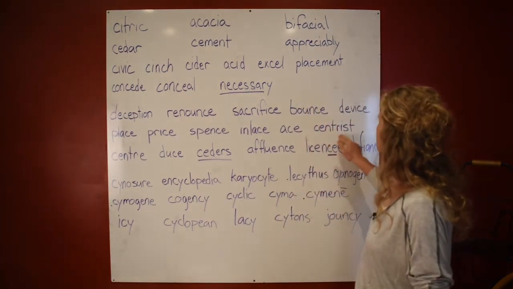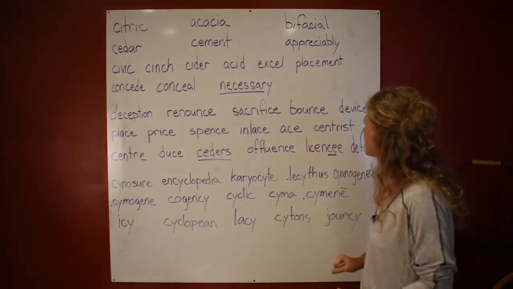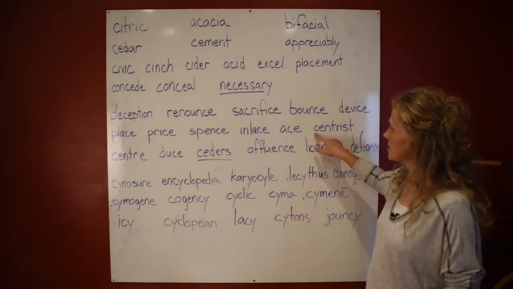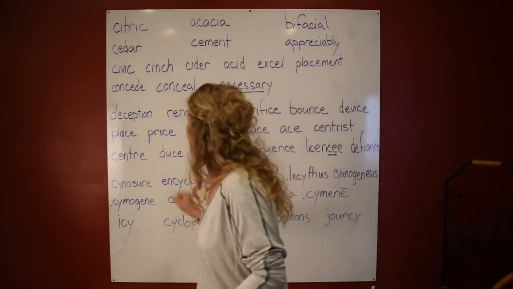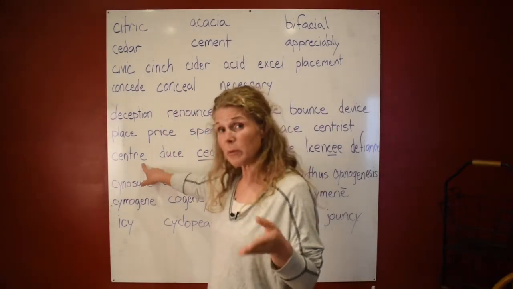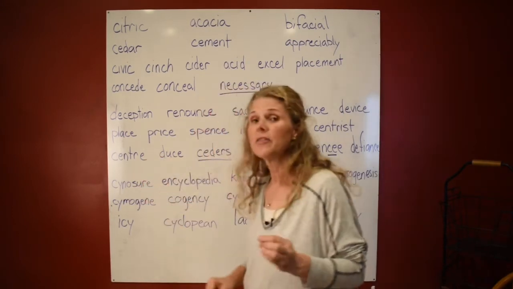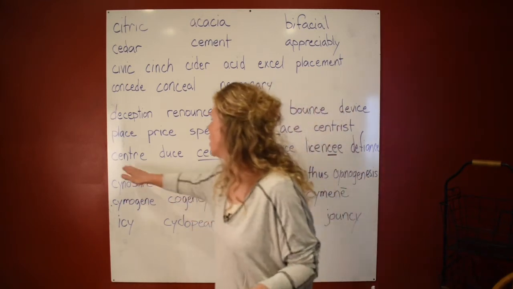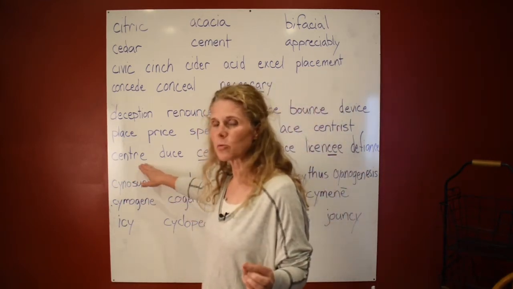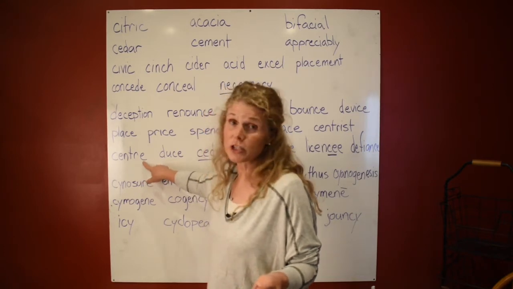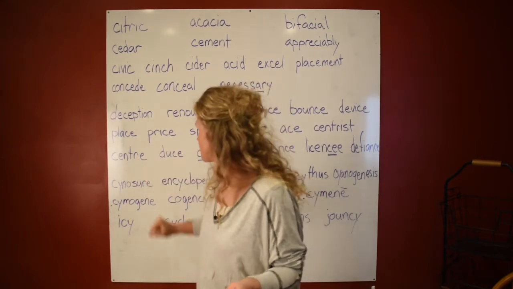So this says centrist. See, here's your Latin root right here. That E is making that C say S. This says centra. Now this is unusual, and I put this in here for you to see. This is one of those exceptions to the rules, and this would be a true sight word. You wouldn't be able to spell this word unless you studied this word. So this E is actually turning to the schwa sound.